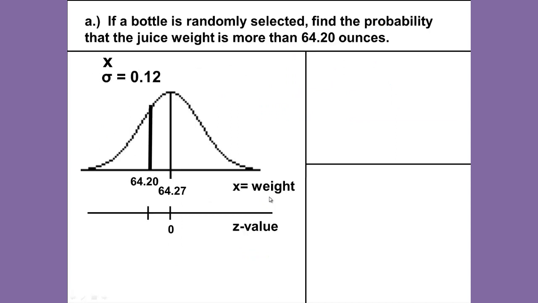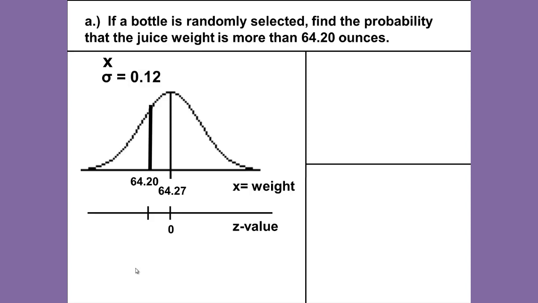Underneath that, I will start with a z-value. Whoops, I went too far. I will start with a z-value, and I want to mark the weight that I have, which is the 64.20 ounces. Notice that 64.20 will be to the left of 64.27 just because it falls there on a number line.